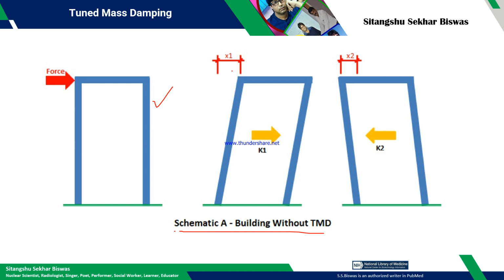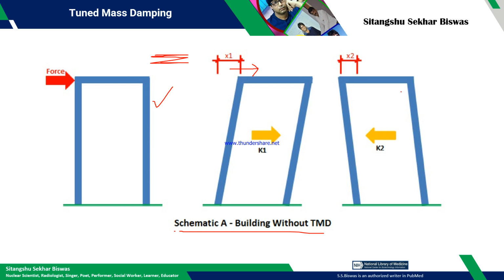So it will move like this. First it will try to move in this direction. There will be a displacement x1 from its equilibrium.